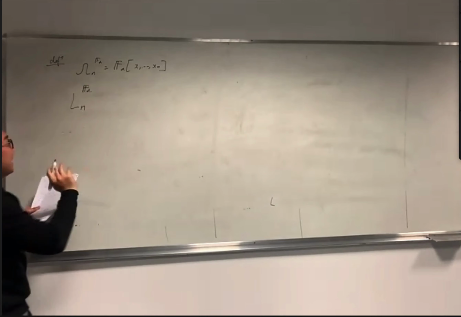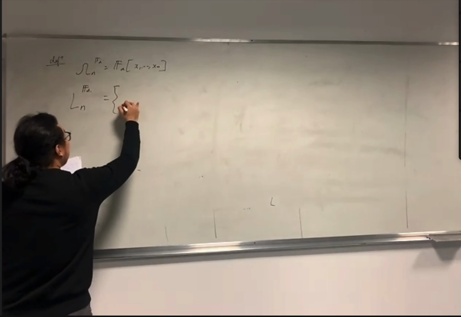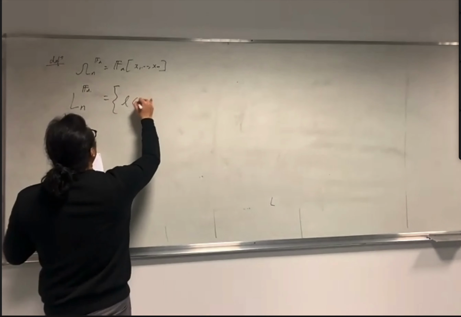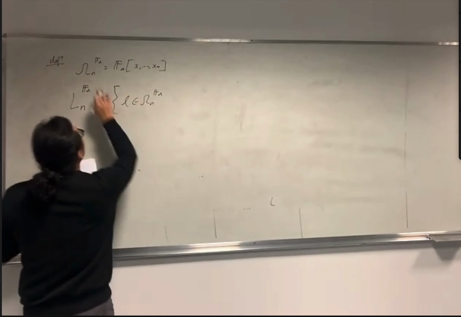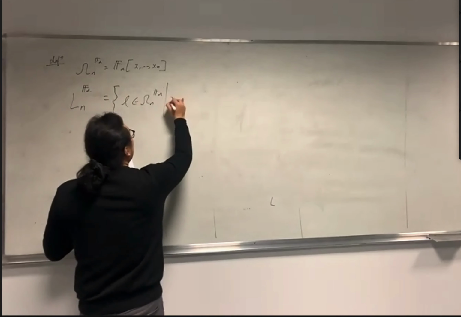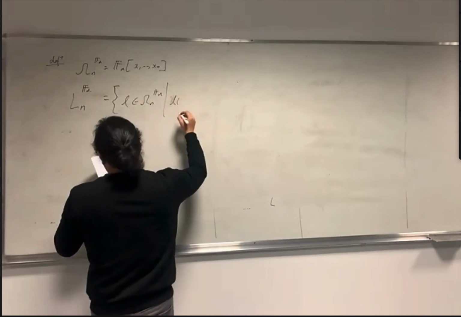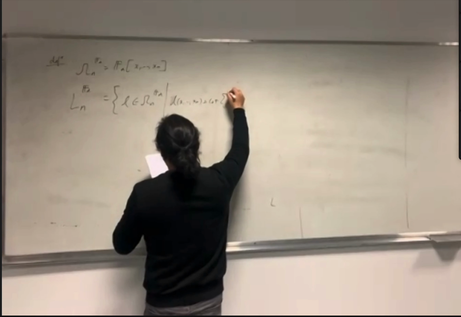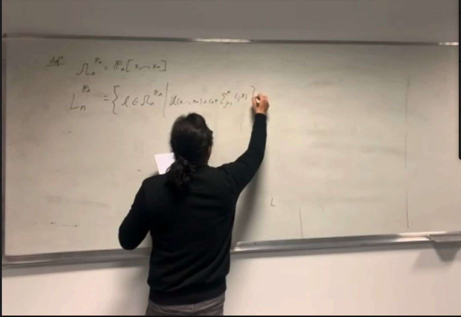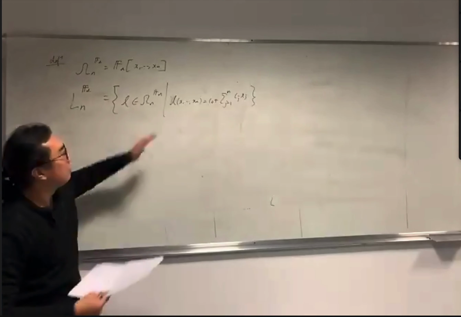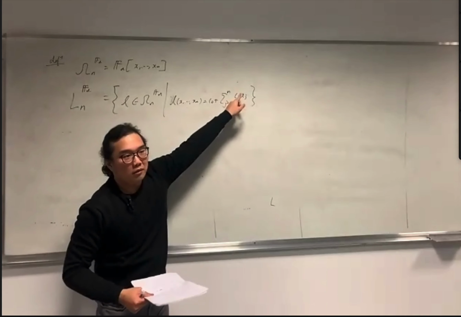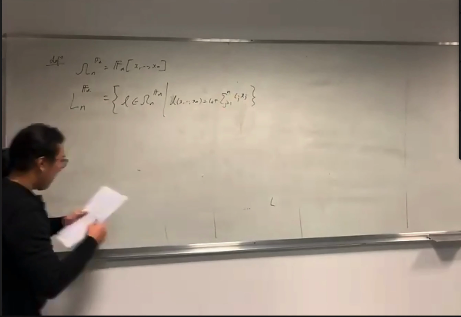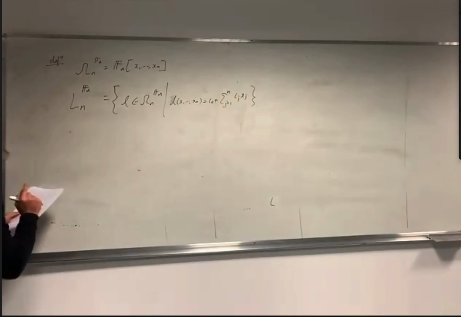Normally L stands for linear, so what we have is some linear function, basically some element inside here, such that L of x1 up to xn is equal to some c0 plus the sum over j from 1 to n of cj xj. So some linear function where every term has order 1, or degree 1. Okay, the last thing is omega n to delta.